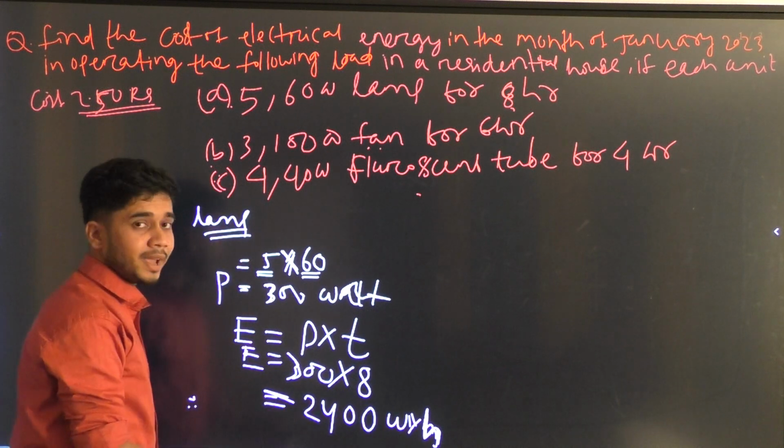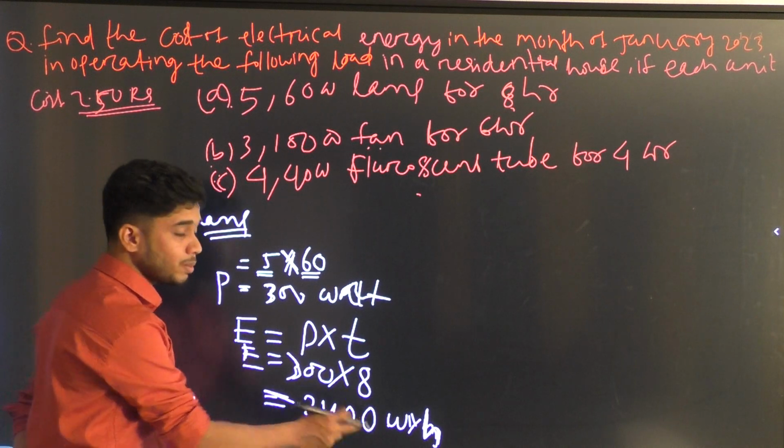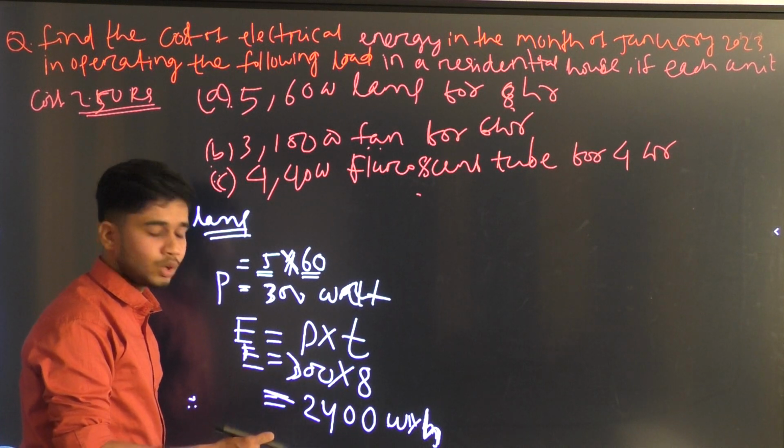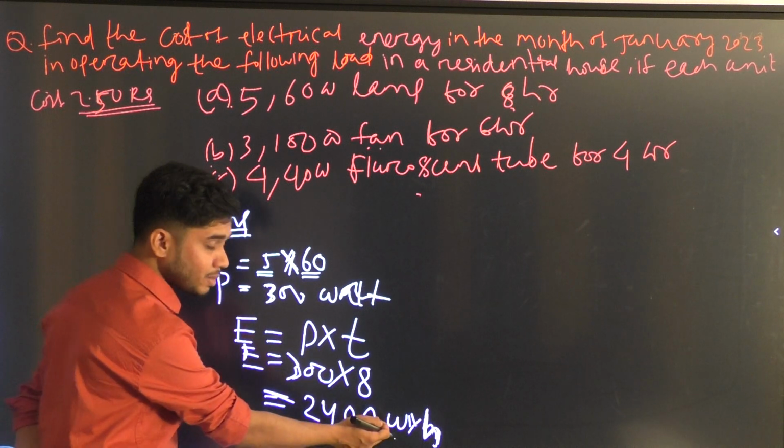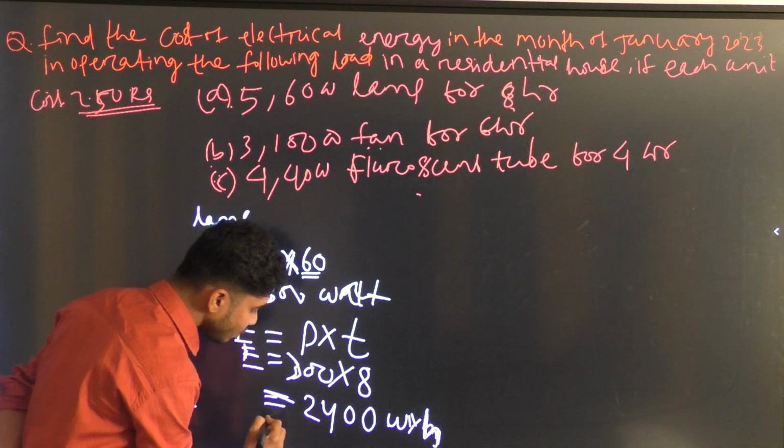I want to express the unit of energy in terms of kilowatt hour. For that, I can divide by 1000 so that I can express energy in terms of kilowatt hour.